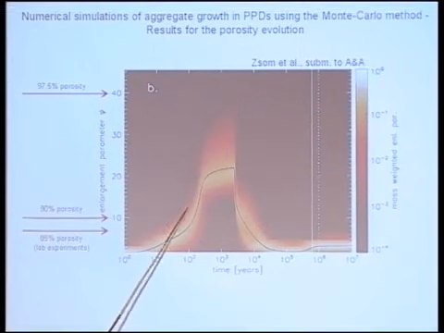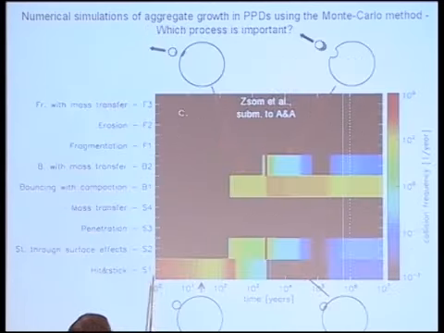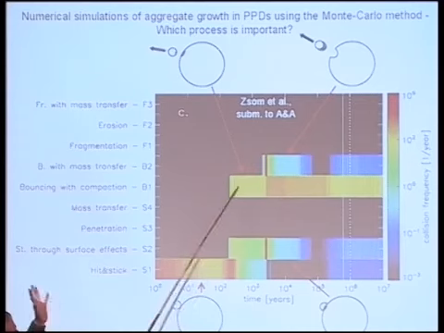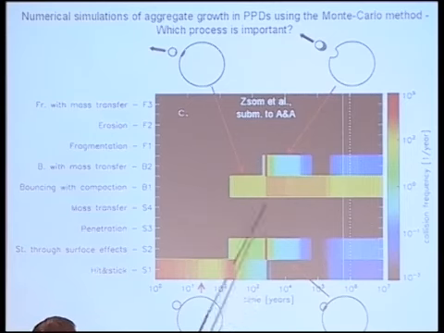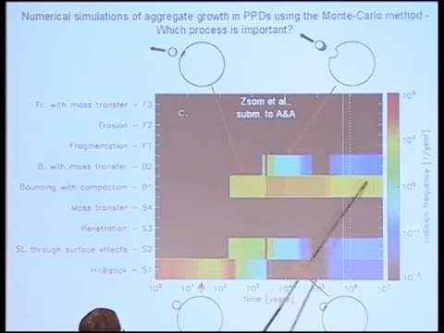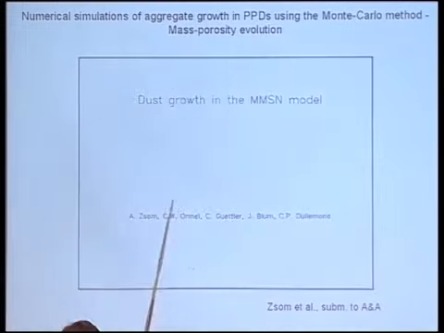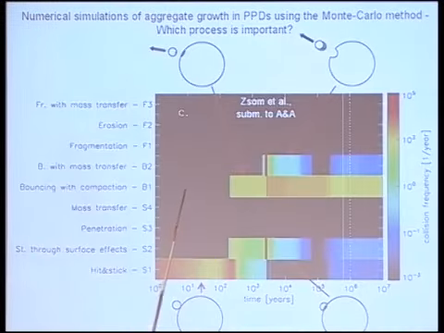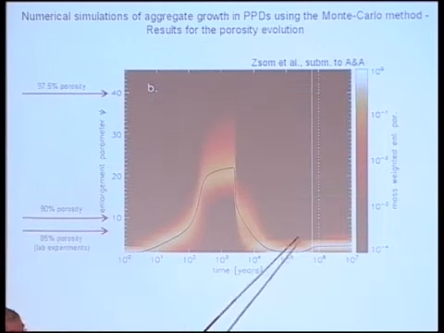It goes up to a few thousand years, and we have the hit and stick, and the sticking through surface effects and some bouncing. So until this time, the porosity goes up, and beyond this time, when the hit and stick ends, bouncing with compaction takes over. Porosity goes down again. So that's the major effect.